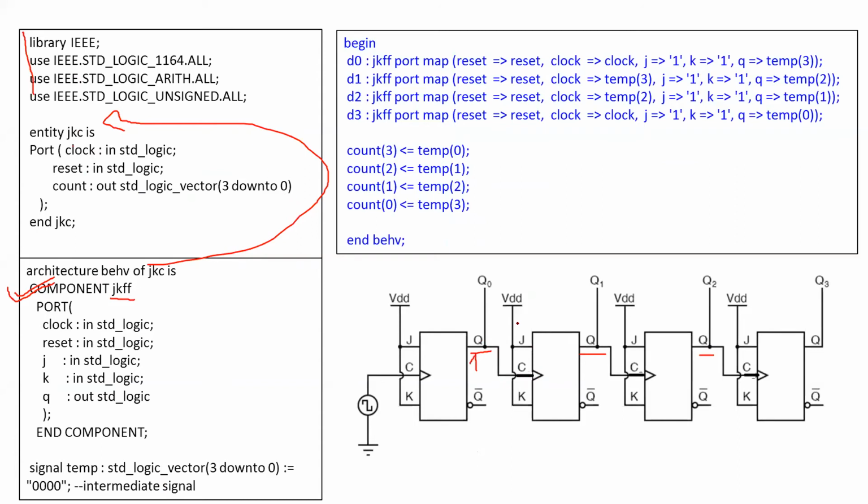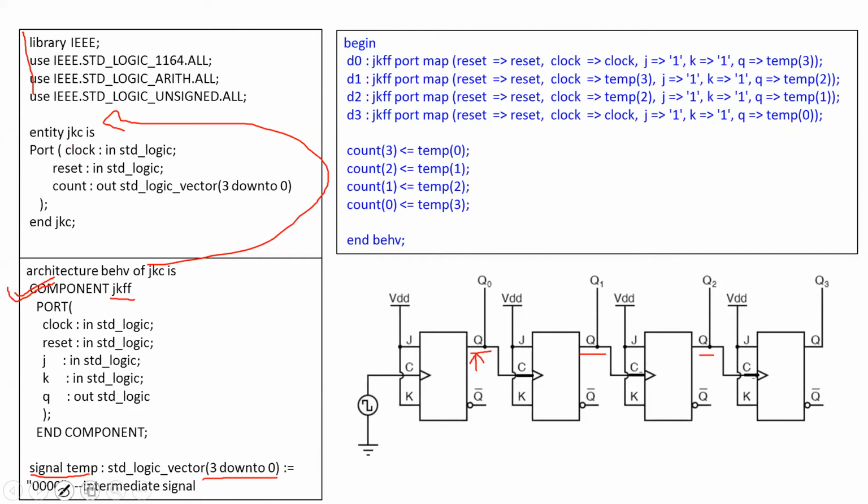So I am saving the value of this q in a temporary variable, temp, and again it is 1 2 3 4, a vector of 4 elements, for supporting this temporary signal, and I am initializing it with 0 values.